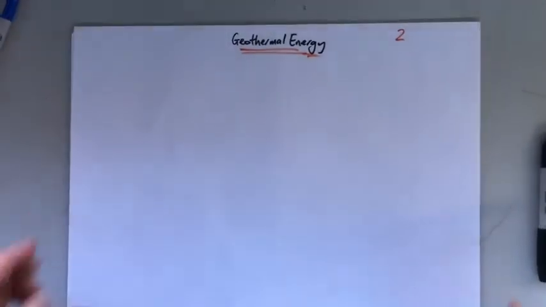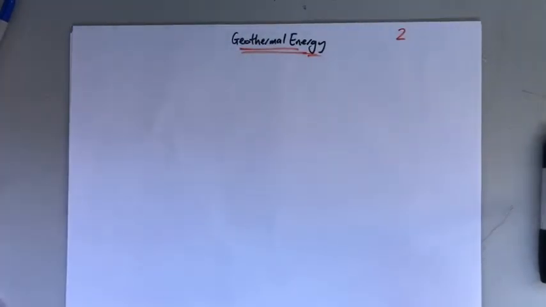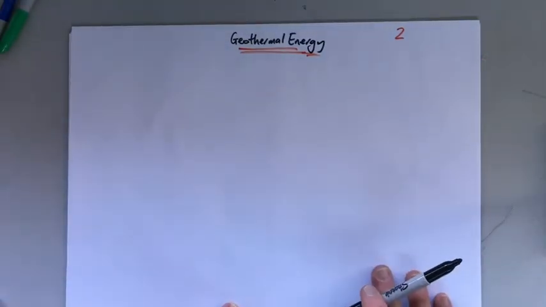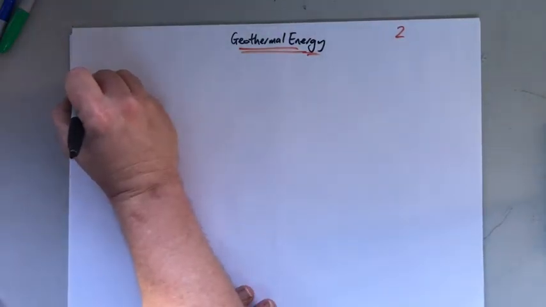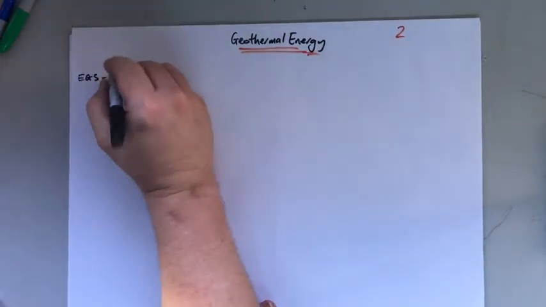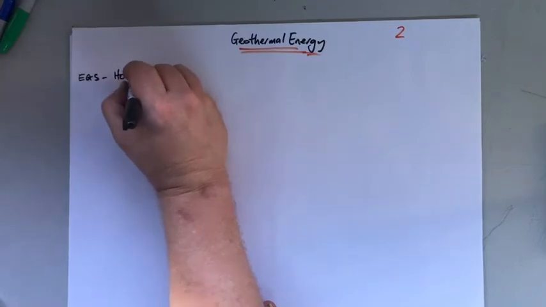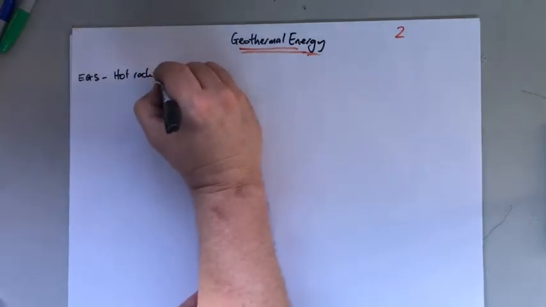Okay, let's look at our second one. And our second and third, we'll actually try and do both in this time. We're going to try and look at hot or dry rock, or sometimes it's called enhanced geothermal systems, so EGS, or hot rock, or dry rock.